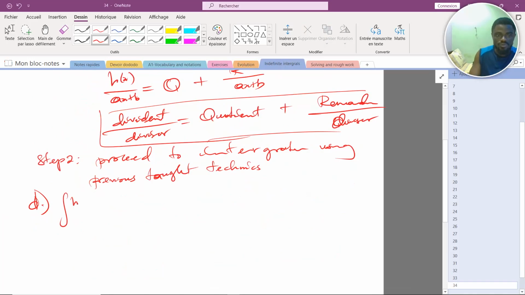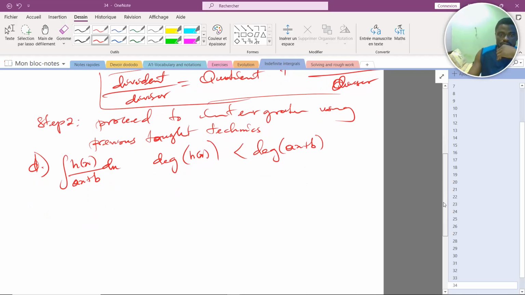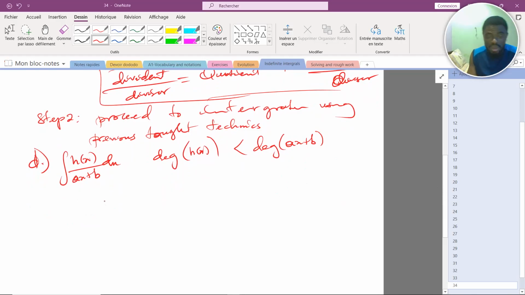So the integral of h of x all over ax plus b dx, where the degree of h of x is less than the degree of ax plus b. Try to look at this. How can you proceed to the integration of this? I want you to pause the video and try to analyze how you are going to integrate this.